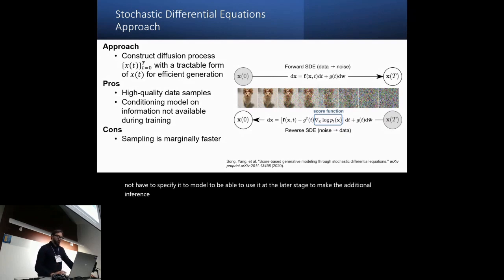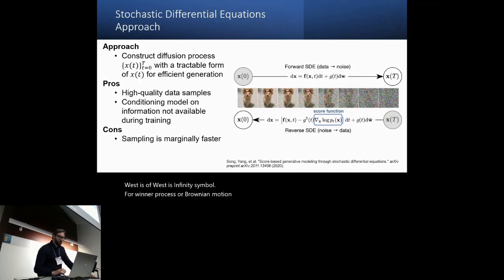So over here we can describe the noise process using the stochastic differential equation, where F is the drift of the data and G is the diffusion process, while W is the infinitesimal Wiener process or Brownian motion.